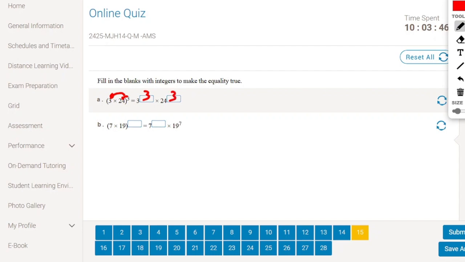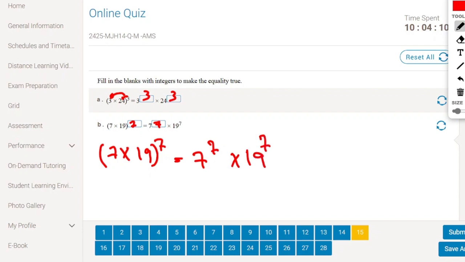Okay, here I have (7 multiply 19) to the power of something equal to 7 power of something multiply 19 power of 7. So here it will be 7 and 7, because (7 multiply 19) all power of 7 is equal to 7 power of 7 multiply 19 power of 7. So the answer here will be 7 and 7.